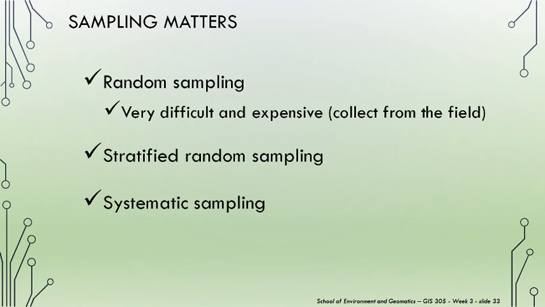Different sampling strategies are possible: random sampling, stratified sampling, and systematic sampling. So random sampling is what it is. Essentially you're going to obtain samples for a random selection of pixels in your image.